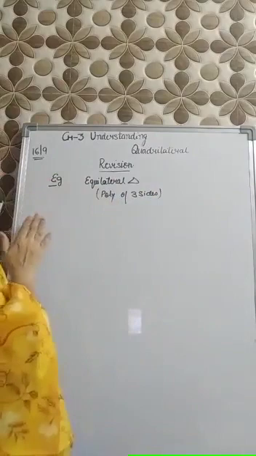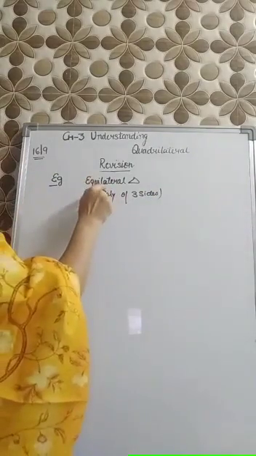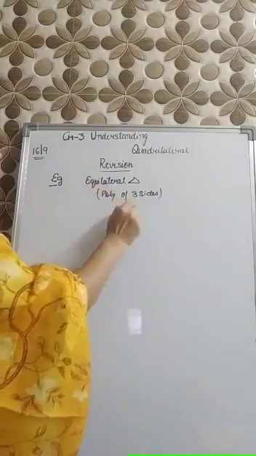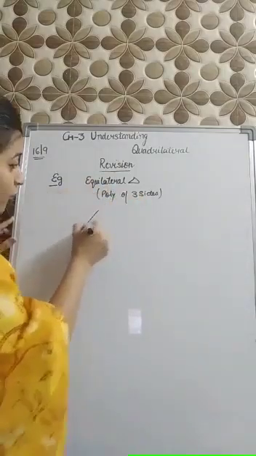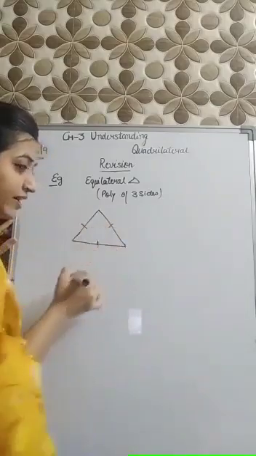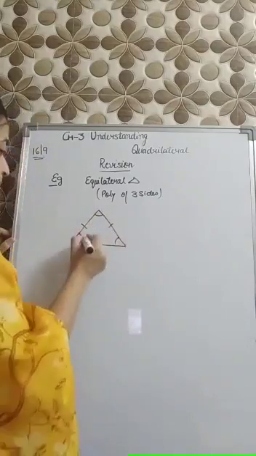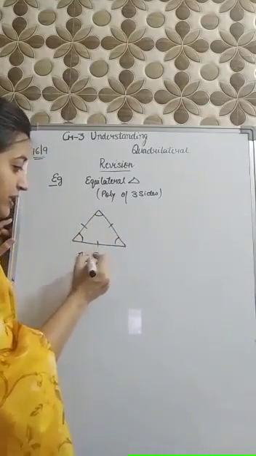It's not possible for us to find a polygon with 2 sides. So if we talk about this equilateral triangle, that means all of its sides are equal. That's why it is regular, and all of its angles must be equal. Here n is equal to 3.